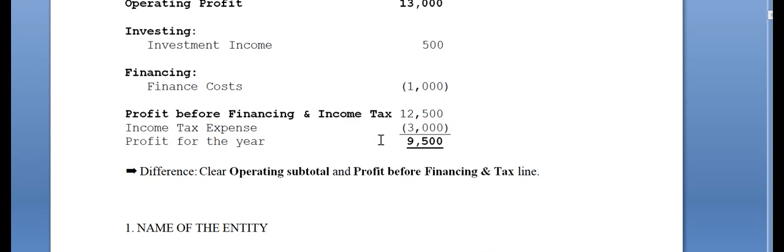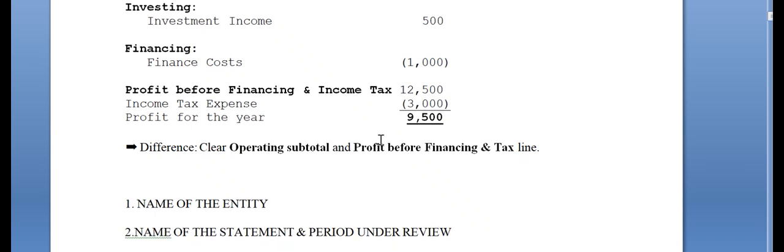If you now remove this finance cost, you have 12,500. Now that you have this 12,500, instead of adding back finance cost, which you must pay whether you make profit or not, you don't need it. Just carry what you have put in front of your financing and income tax. Carry it, and if there are depreciation and amortization, you will just add it back. It's as simple as that.